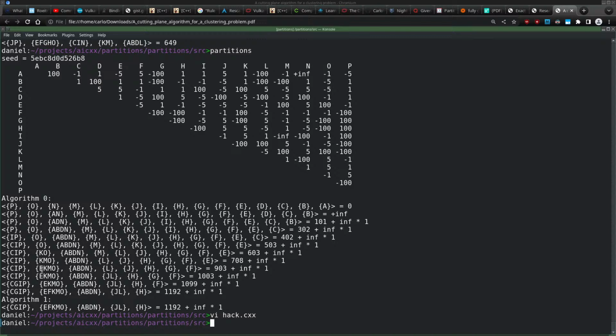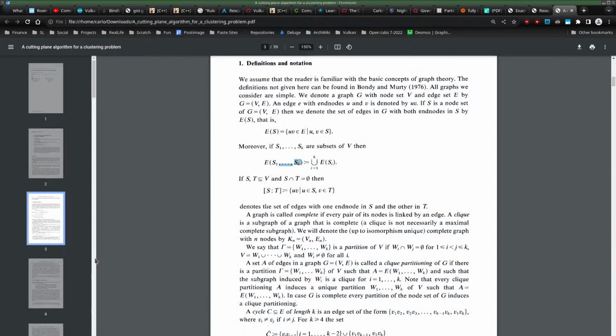So this defines 6 edges, and this defines 6 edges, and this defines 3 edges. And if you write down S1, S2, S3, then you have all the edges together, all the edges in this plus all the edges in this plus all the edges in this. It's just a way of notating stuff, I guess.